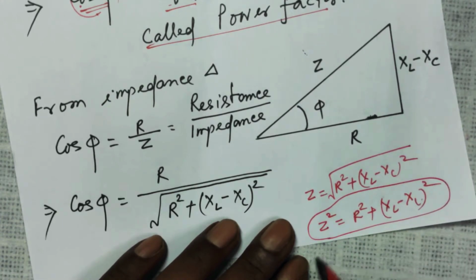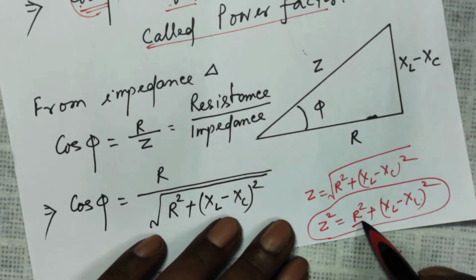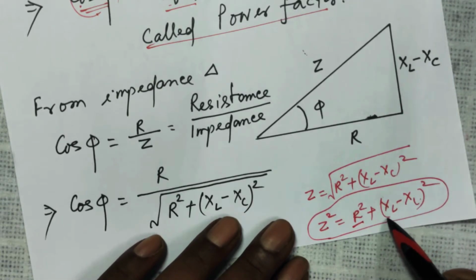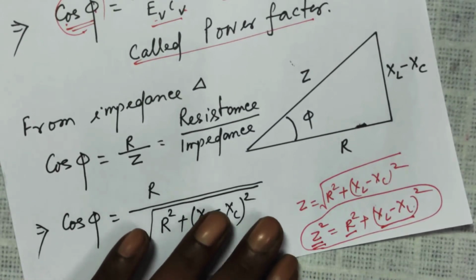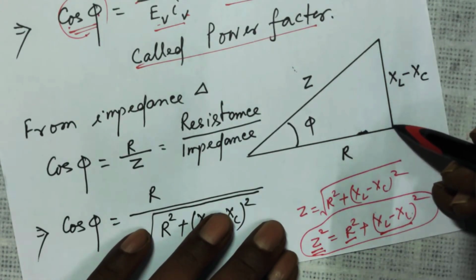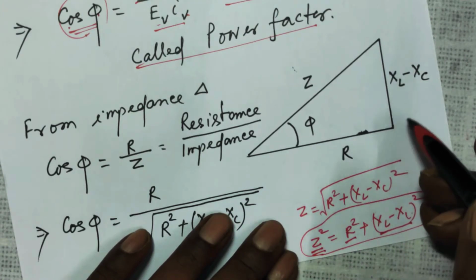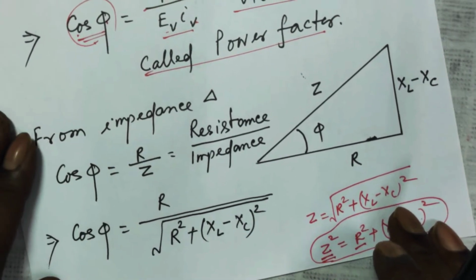This is same thing as Pythagoras theorem, so they can be represented. R can be represented by one side of a right angle triangle, XL minus XC can be represented by another side of a right angle triangle, and Z is up there for obviously the hypotenuse. And I had also explained to you why this side is XL minus XC, why not this side. That also I had explained to you in previous lessons.